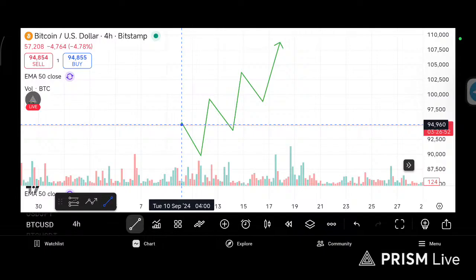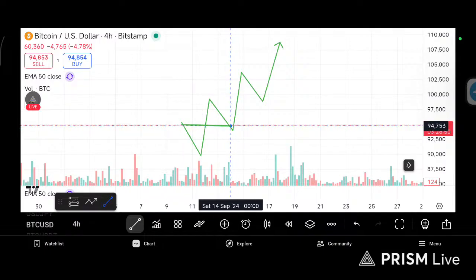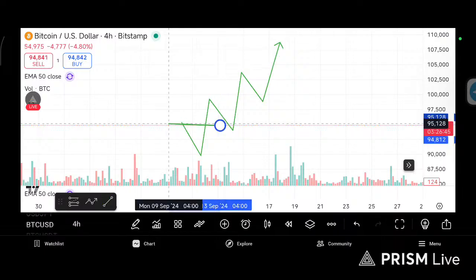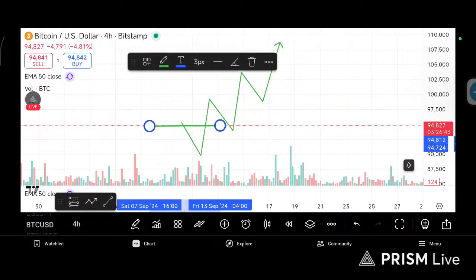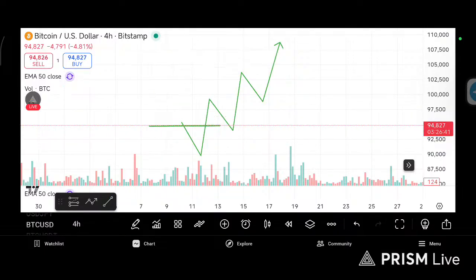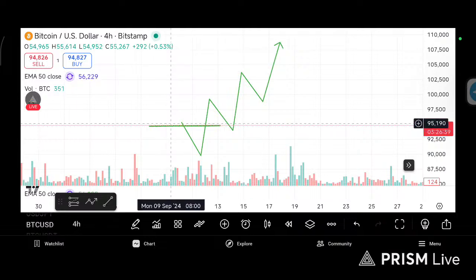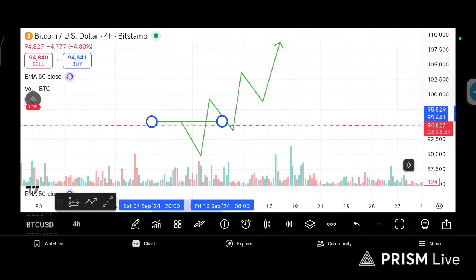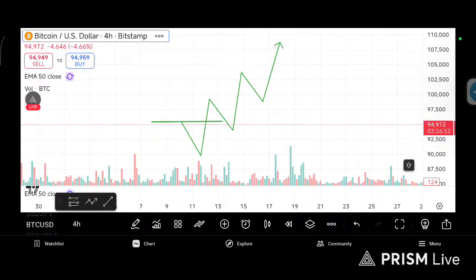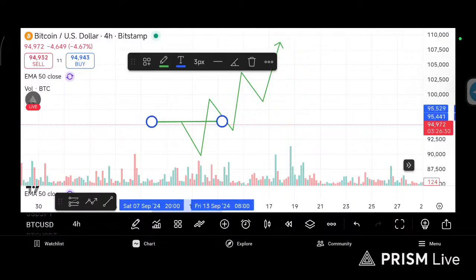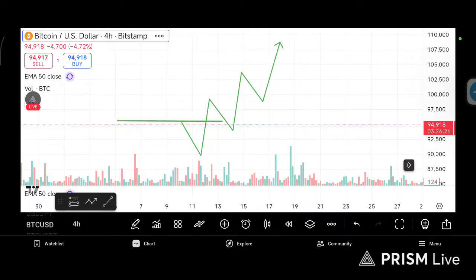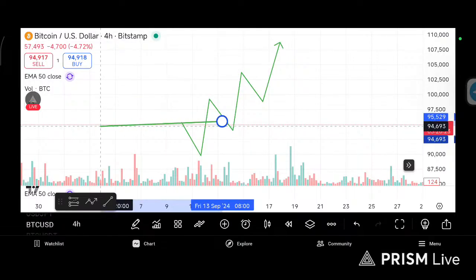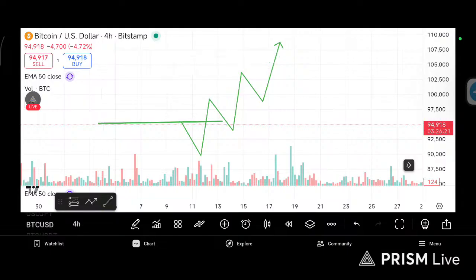So breaking this previous higher high, now all of our straight lines that are black is what we are referring to as break of structure.